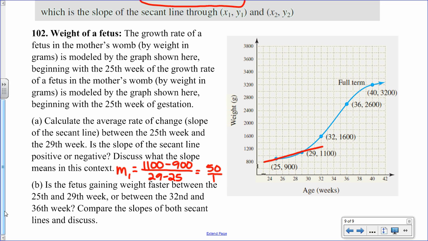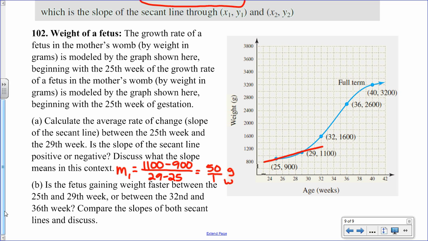So what does this mean? So on top I have my y's, which y is what am I describing here? My y variable is weight. So it's going up 50 grams, and then the bottom is weeks. Okay. So what I can say is that between the weeks of 25 and 29, your fetus is gaining 50 grams per week.